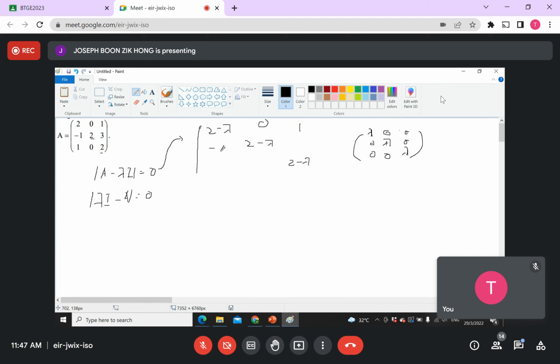That's why I prefer to use A minus lambda I. Because if you use lambda I minus A, then it will become negative 1, 1, negative 3, and this one becomes negative 1, and so on. So there is a bit of a chance for you to make mistakes there. So normally I use A minus lambda I rather than lambda I minus A. So this one will become 3 and then 1, 0. We make this one equal to 0.